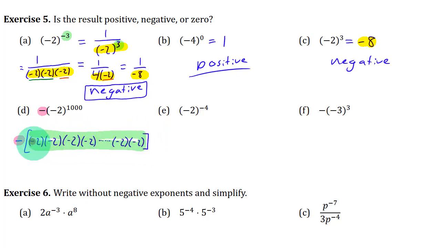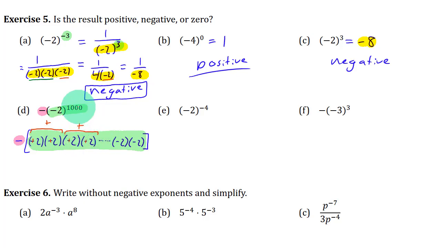So what is going to happen with those 1,000 copies of negative 2? Well, let's see. 2 of these are going to turn into a positive number. A negative times a negative is positive. The next 2 are going to make a positive number.